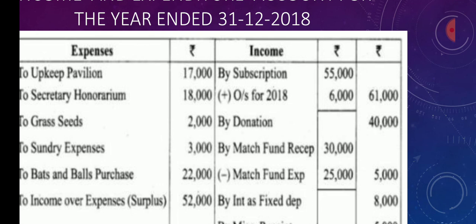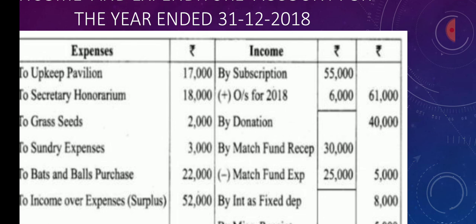Then come to the income side. By subscription 55,000. Add outstanding subscription. The outstanding subscription for 2018 is in the additional information. So 55,000 plus 6,000, totally 61,000.